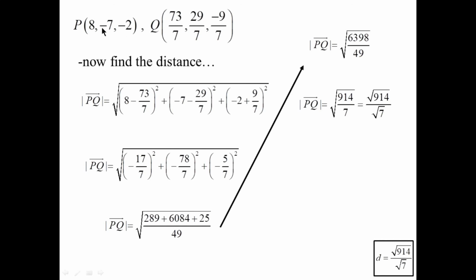Our reasoning was PQ has to be at right angles to the direction of the line, because this Q is the one that forms the perpendicular. And that's why we dotted PQ with the direction of the line and equated it to 0.